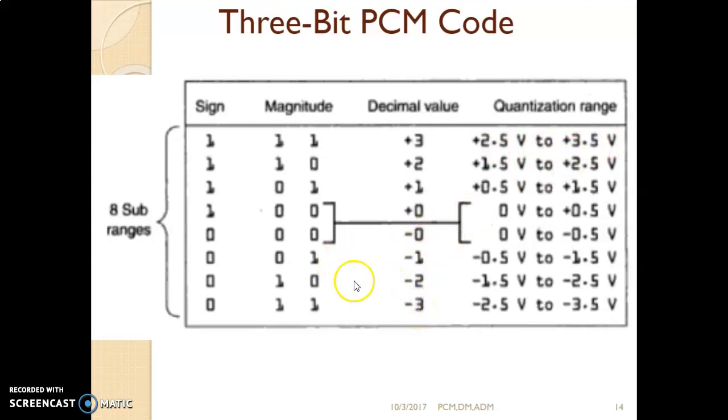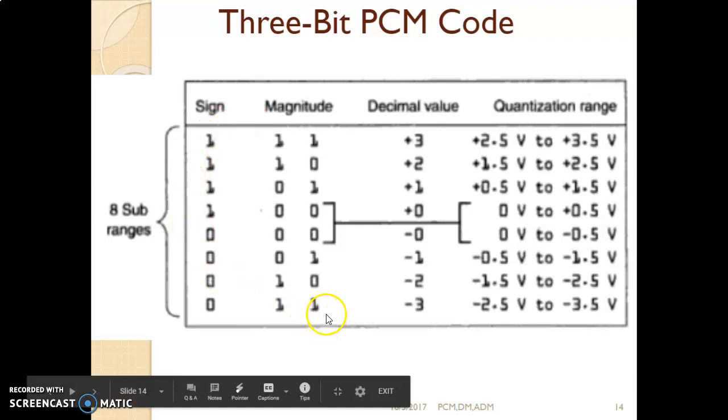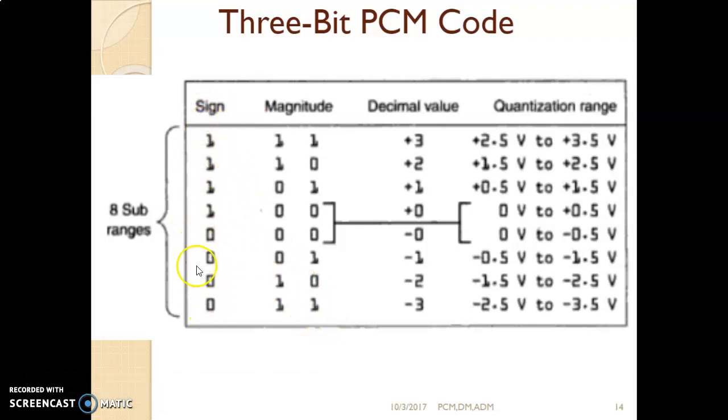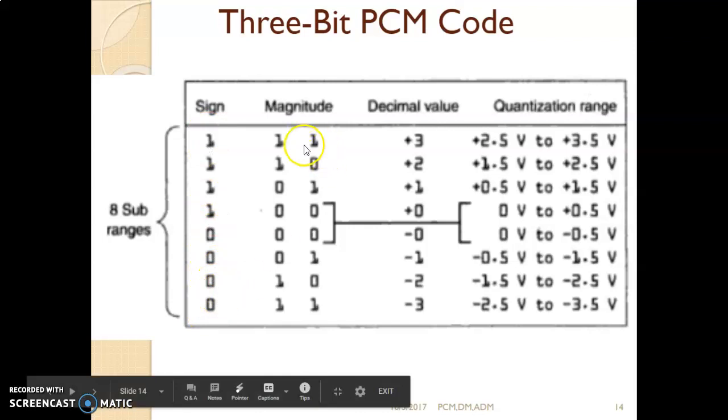Since there are 8 levels, because this decimal value is divided into 8 levels, we are going to assign a 3-bit code to it. The first bit represents the sign. Wherever the value is positive, it will indicate 1, and where it is negative, it will indicate 0. The other 2 bits are going to represent the magnitude.